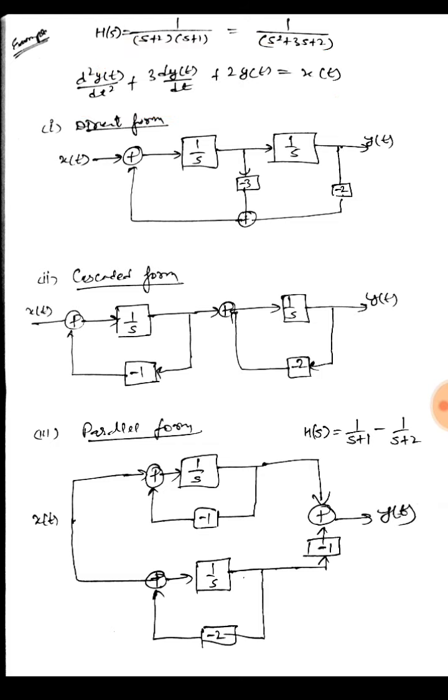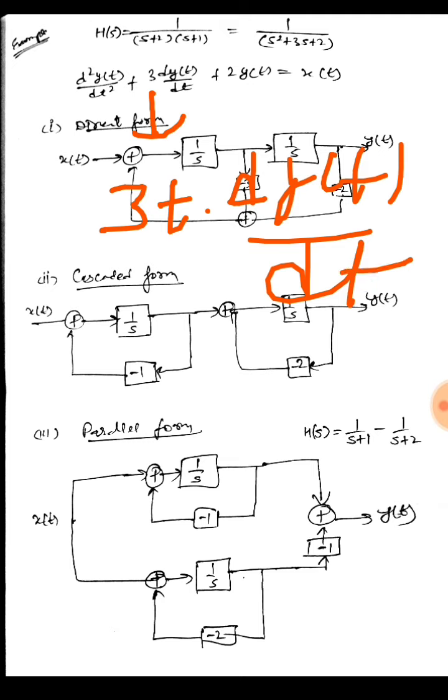Okay, I was talking about the coefficients. All the coefficients should be constant, they should not be time dependent. If we have a system in which instead of 3, I multiply it with 3t into dy by dt, it would not remain an LTI system, as the coefficient is a variable depending upon time.